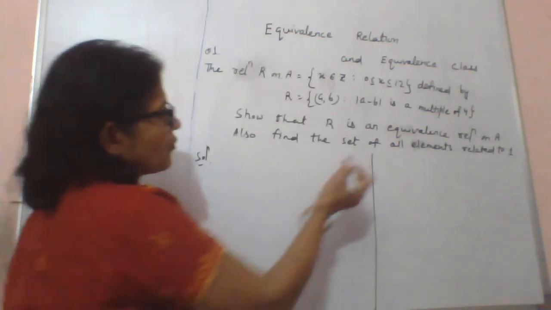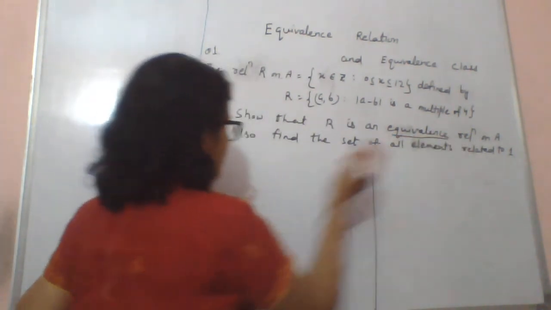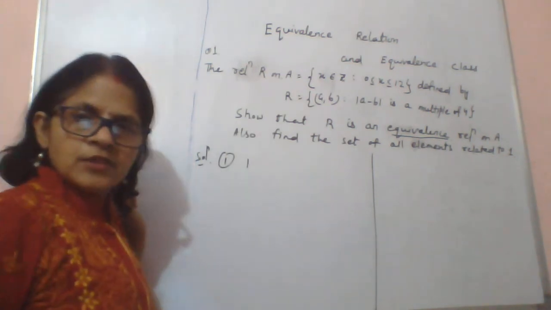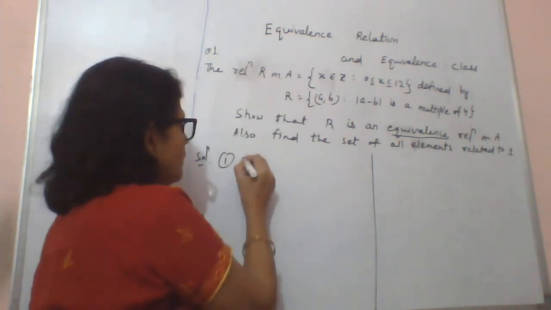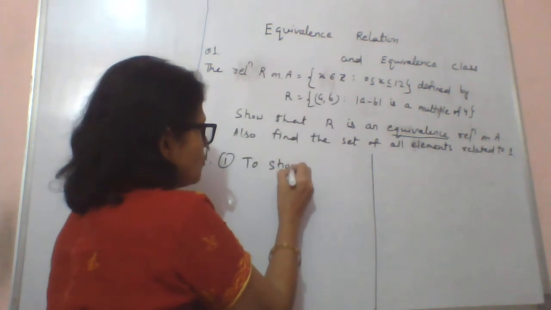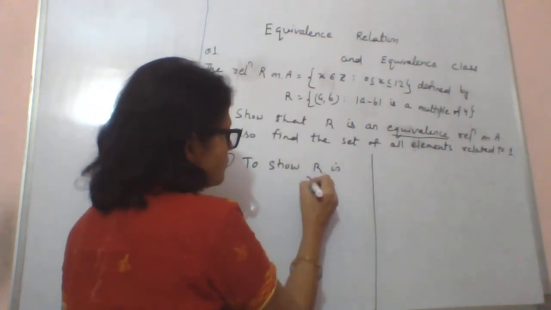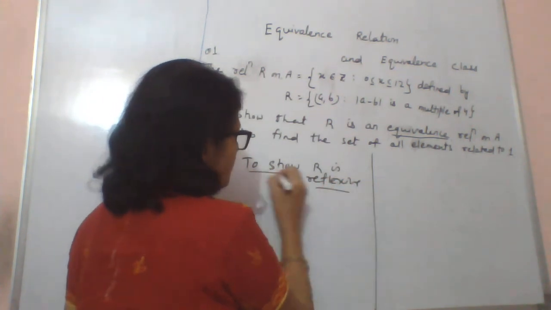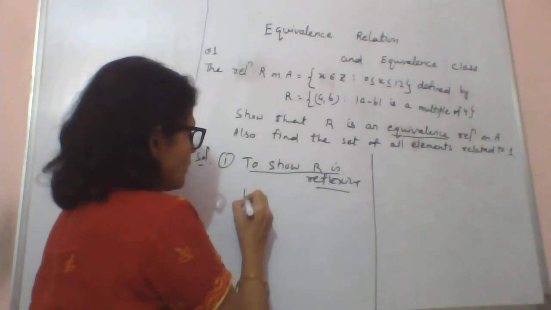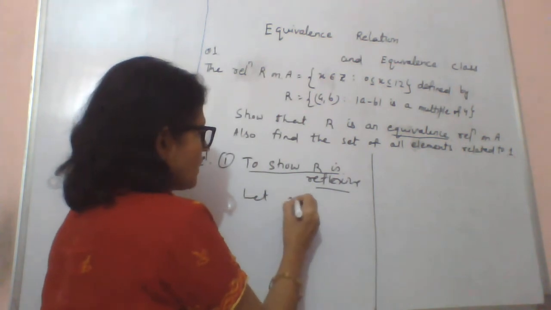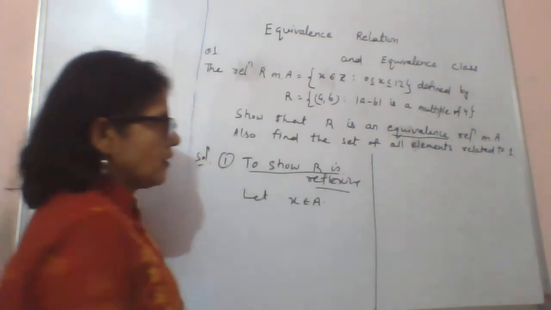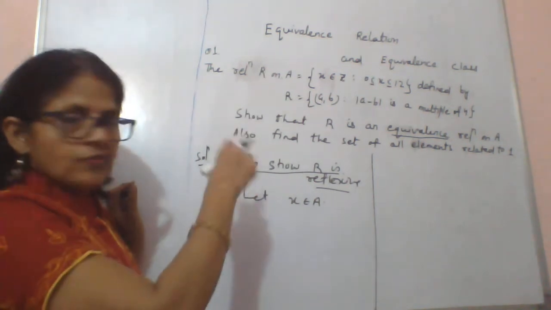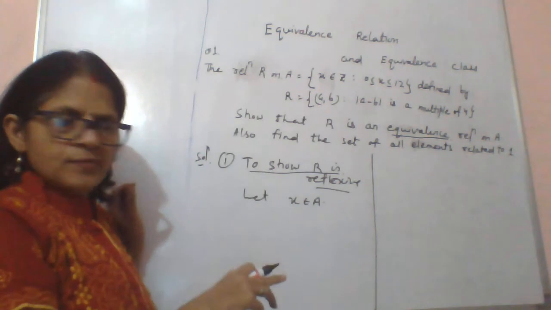So to prove a relation is an equivalence relation, you have to prove the relation is reflexive, symmetric and transitive. To show R is reflexive, we can start with: let x belong to set A. So your x is any element from 0 to 12.